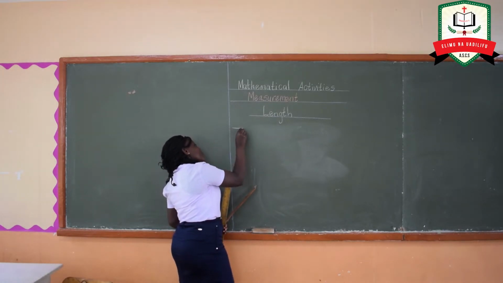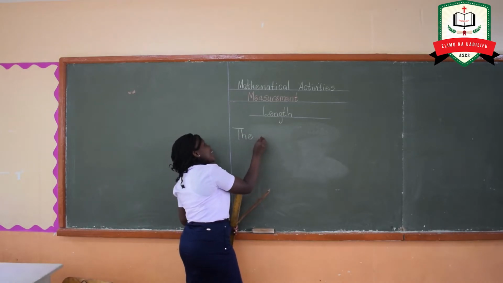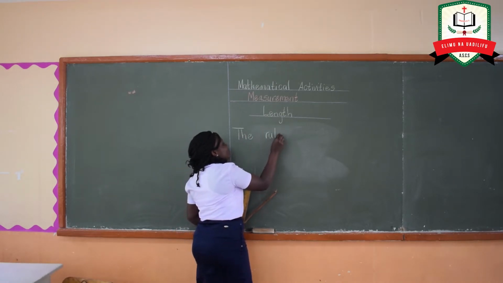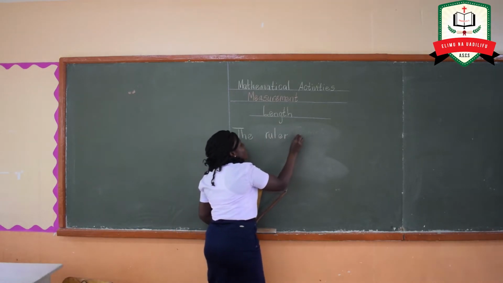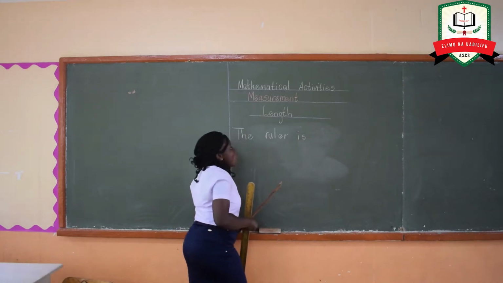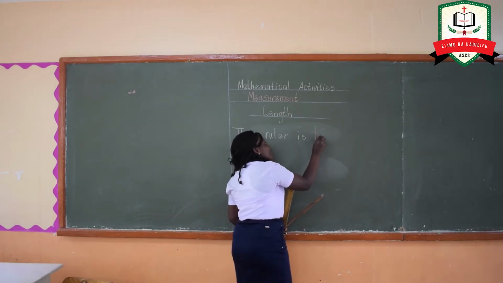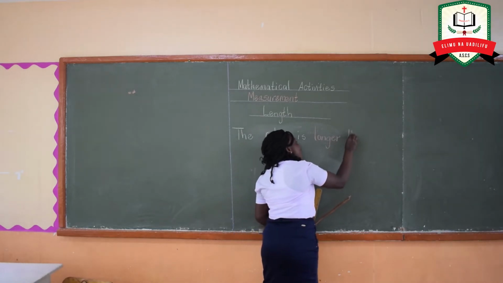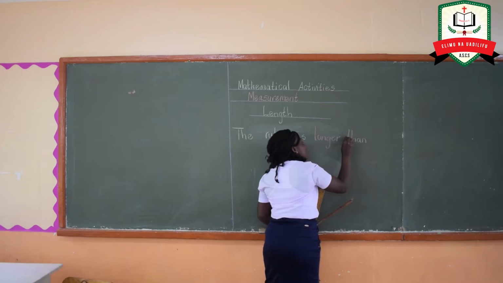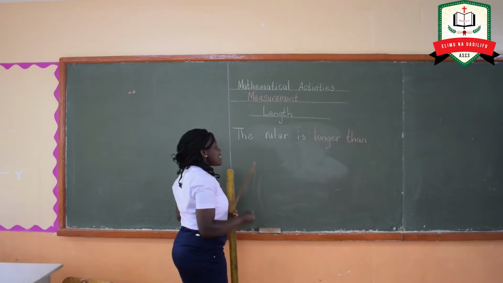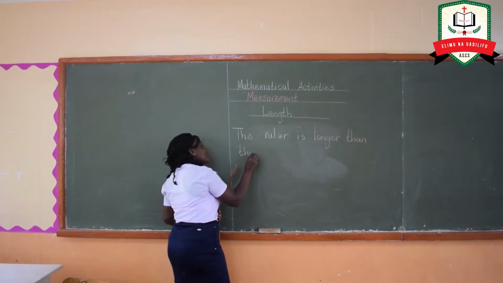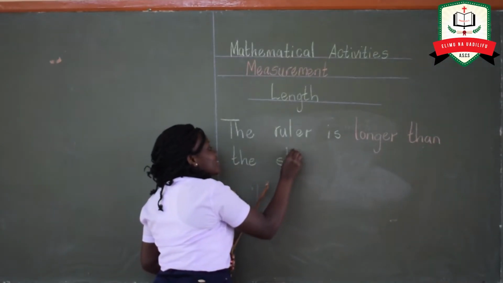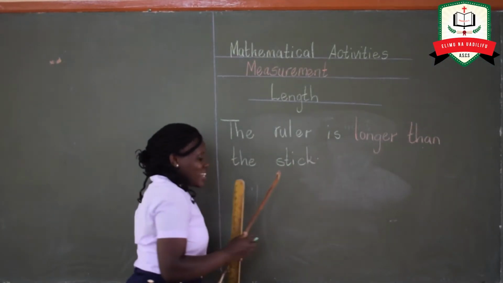Let's write it. The ruler is longer than the stick. Are you seeing the word than?